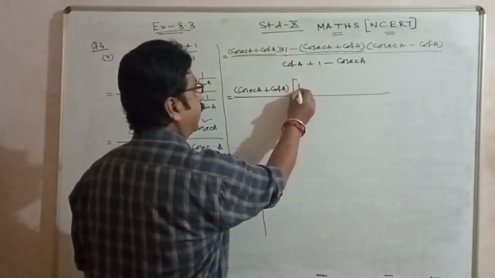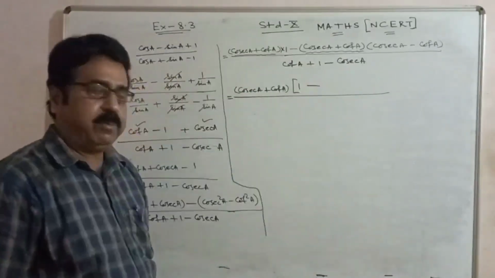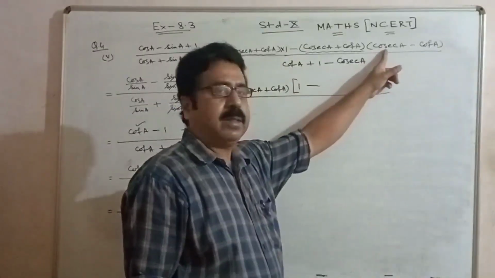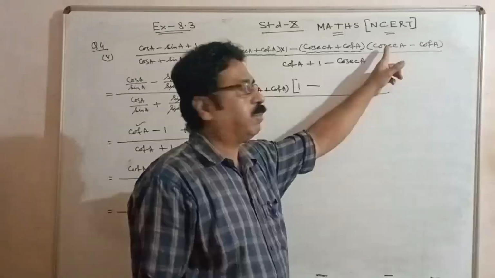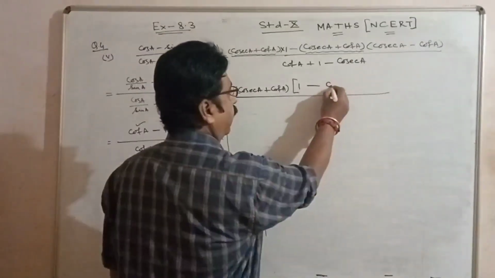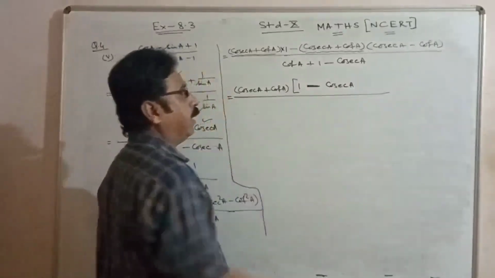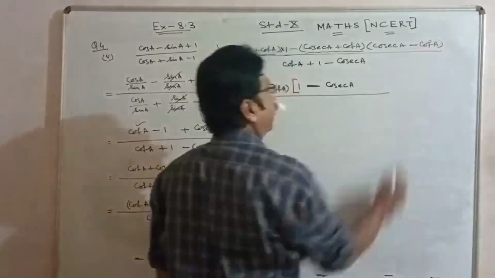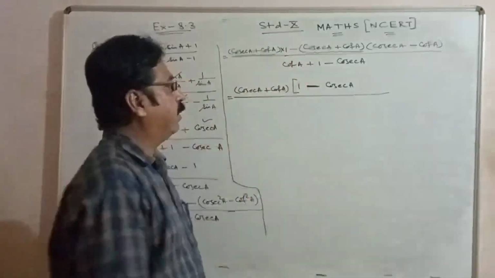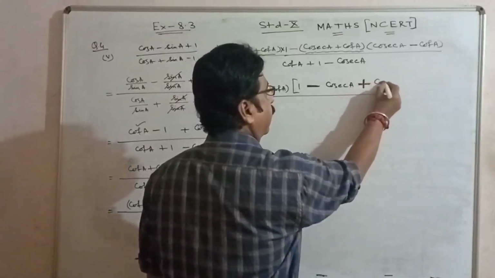Let us write 1 here, and this minus sign we write here. Now be careful. Minus sign, and we are opening the brackets. Cosec A is positive here, so for this minus sign it will be minus cosec A. Now this is minus cot A, and outside the bracket it is minus sign, so it will be plus cot A.